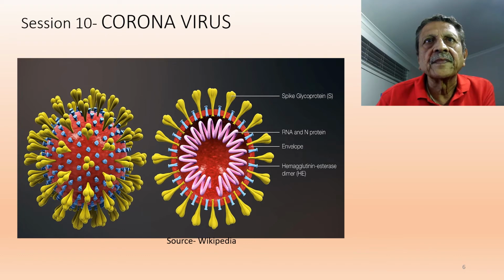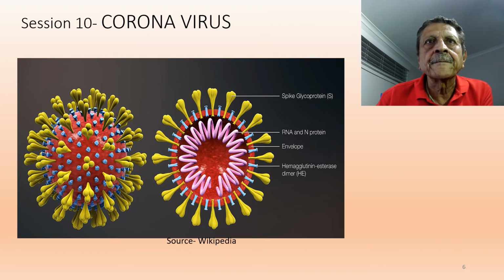Now, as we all know, the virus on its own, that is the RNA on its own, cannot multiply because it is a chemical. But the minute it goes into the host cell, it uses the host cell, giving instructions to the host cell to manufacture copies of itself. And that is how the virus multiplies.